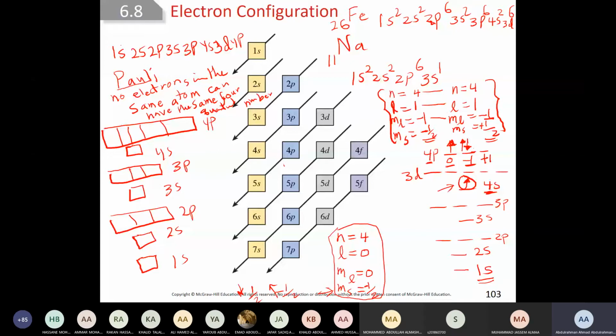What's the difference? ms only. And that's why it's the Pauli exclusion principle. We can say it another way: no two electrons in the same atom can have the same 4 quantum numbers. Is this clear? Very good.